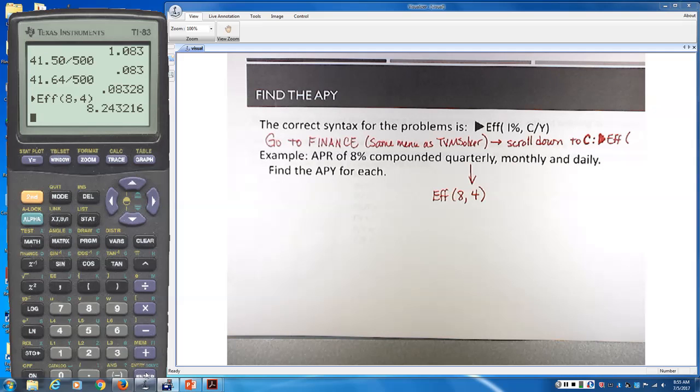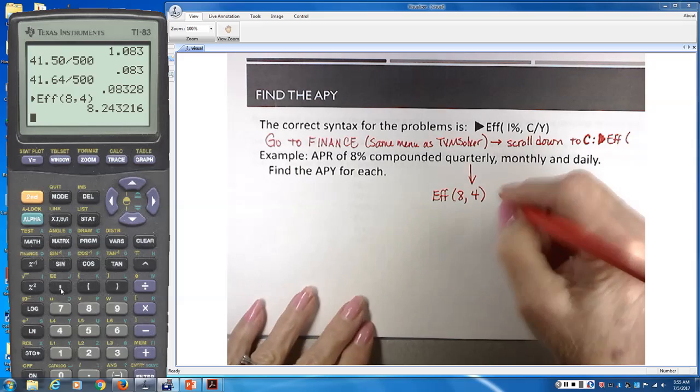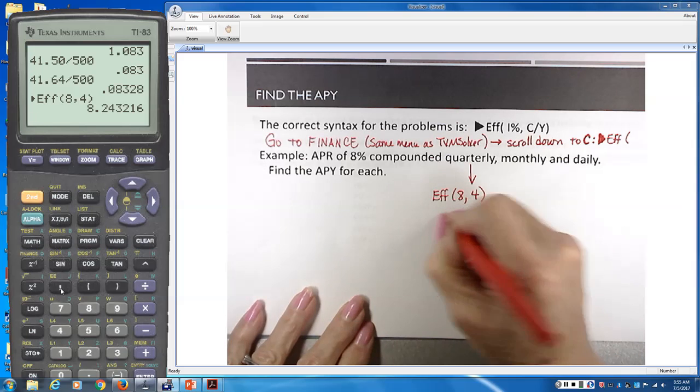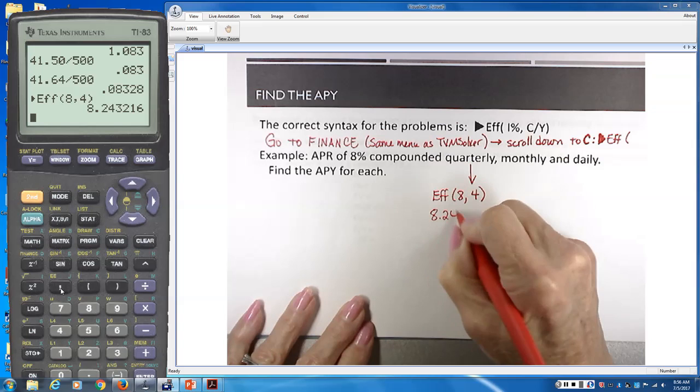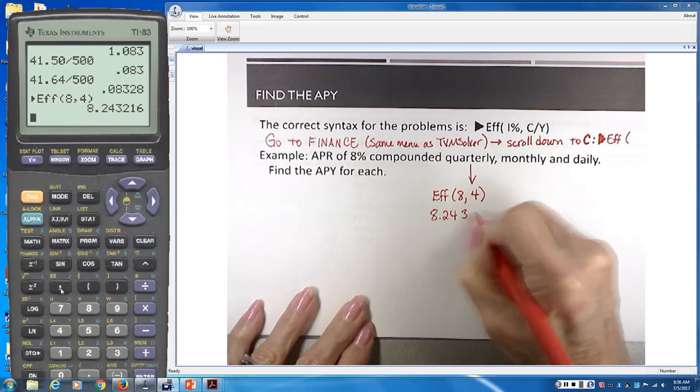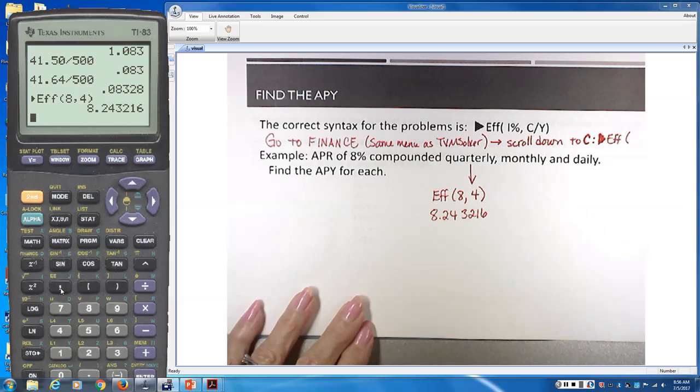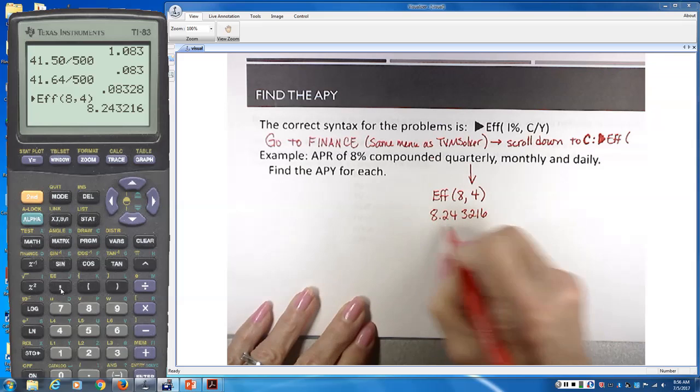And that gives us 8.24, and the comma is right here above the number 7 key. Okay? And we would normally round this off to 2 decimal places.